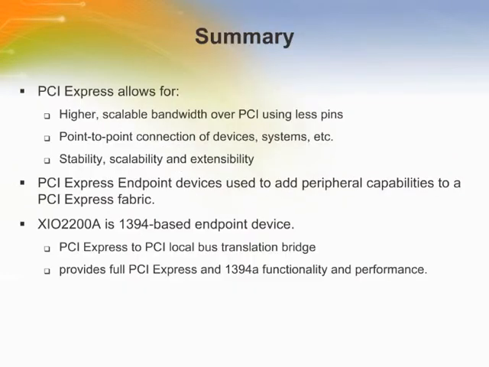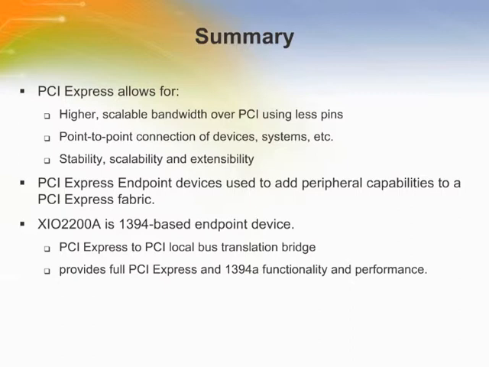In summary, PCI Express is the latest in high-speed serial technology, allowing for flexible connection options whilst utilizing fewer pins than traditional PCI. With improvements in RAS and QoS, PCI Express will be used for years to come. PCI Express endpoint devices are necessary to add peripheral capabilities to a PCI Express fabric.